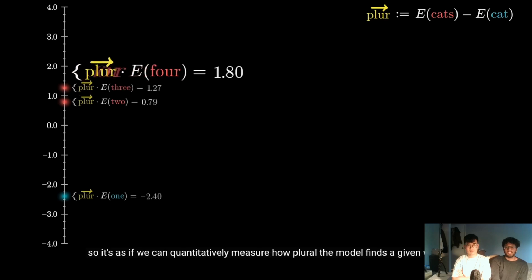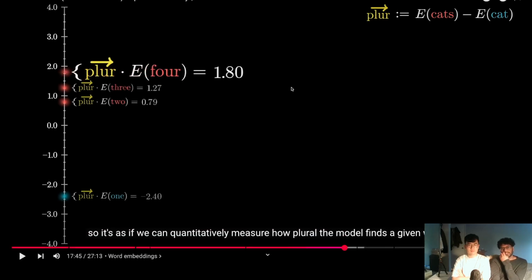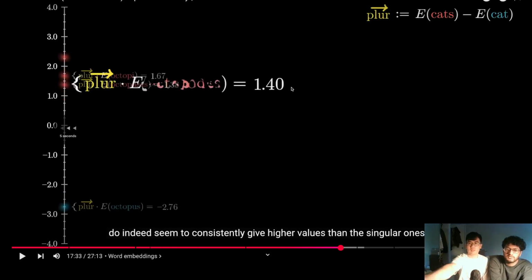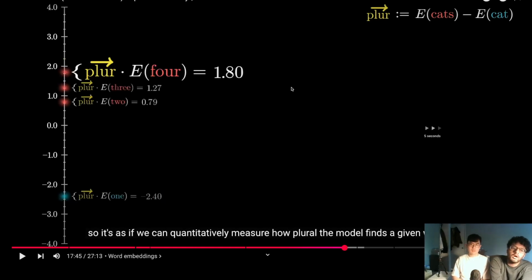What's happening? Basically what he's trying to justify is that there's this notion of plurality. He's showing that if you take the dot product between octopus and octopi, for example, or cat and cats, the lower values tend to be for the singular. I don't know what the plural vector means though. That's the difference between cats and cat. Oh, okay, I see.